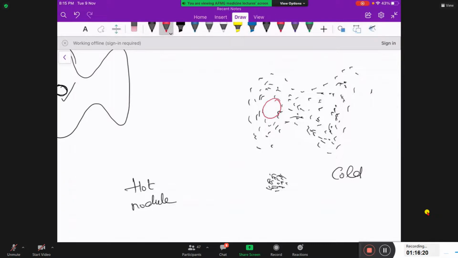Now if the nodule and the thyroid gland both are contributing to the release of thyroxine equally, imagine this can also be a scenario. The nodule is also contributing to the release of thyroxine and the gland is also. So in that case, the gland will take up technetium, iodine, and the nodule is also going to take up iodine, means technetium.